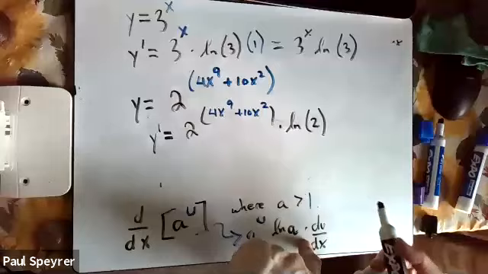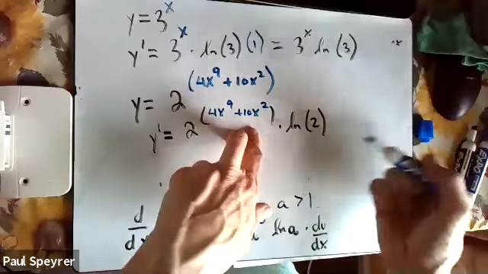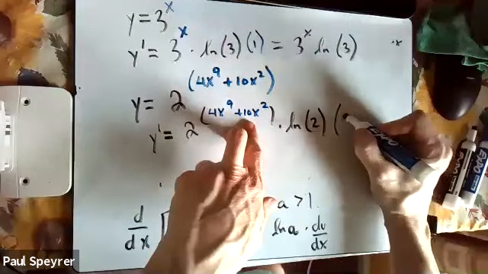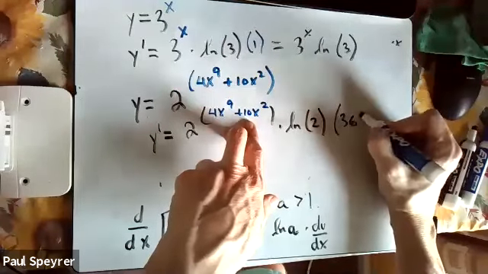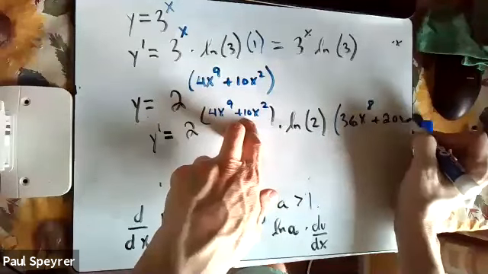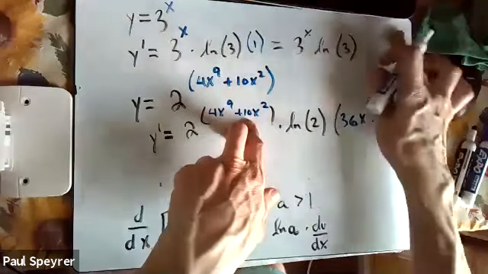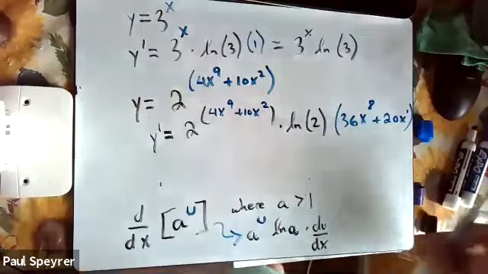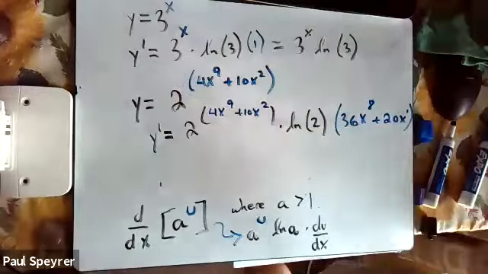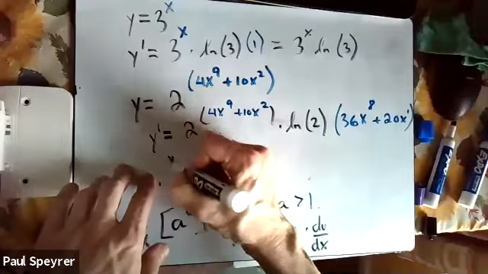Then we do du dx, or derivative of the exponential part, the blue stuff in this instance. What's the derivative of the blue stuff? That's 36 x to the 8th plus 20 x to the 1st. And that's your derivative.